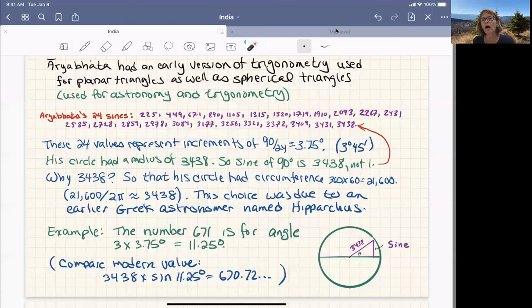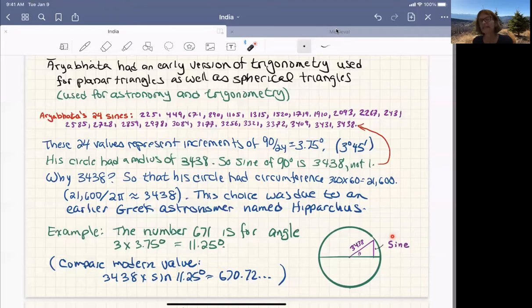And although today, when we look at the sine as being represented in a circle, we think of it as having radius 1, and then the sine value, so if this is the angle, is opposite over hypotenuse, which is opposite over 1.